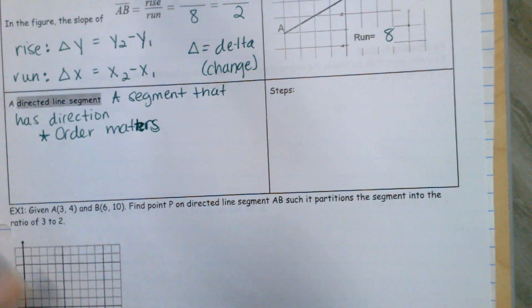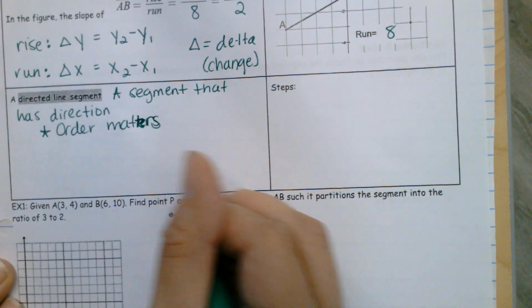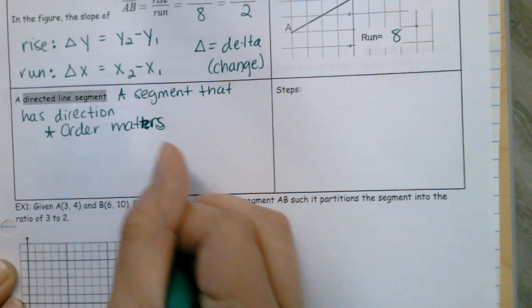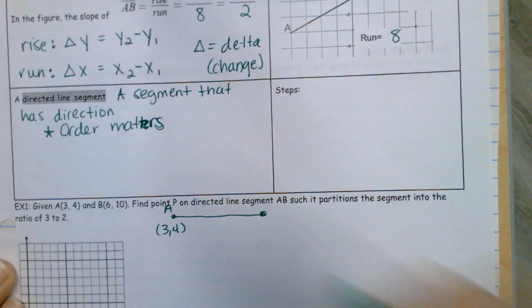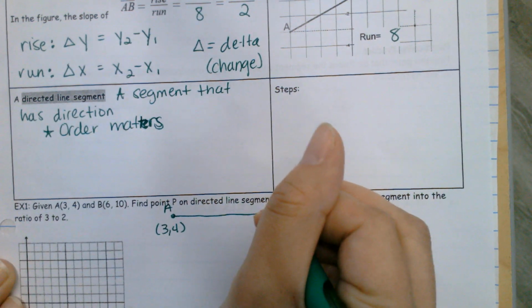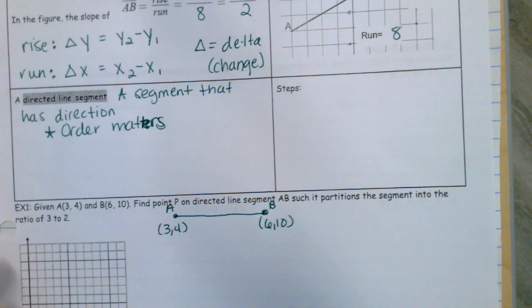So visualizing this, you can graph it. I'm going to make a number line, or just a segment like this, where I have A here at (3, 4), and I'm going towards point B. And B is at (6, 10). This is going to help me visualize it.